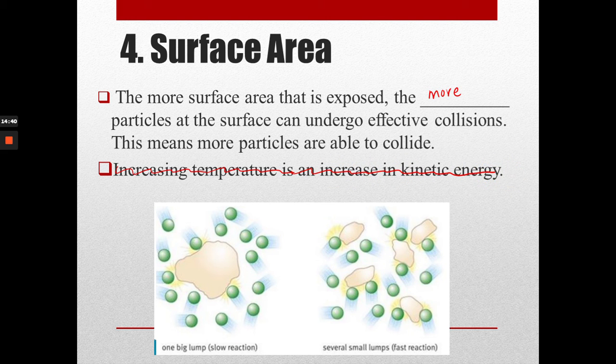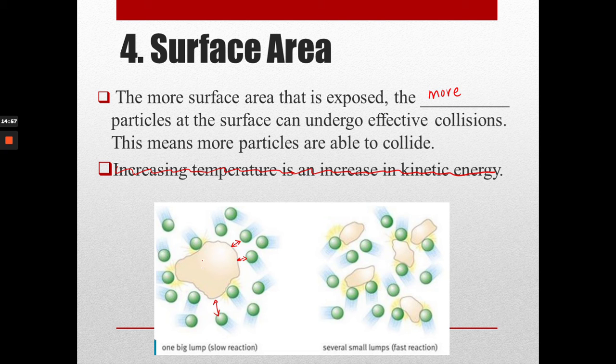But here we've got some surface area differences. If I have a big solid chunk of something, the only place that the reaction can occur is where the two different things can come in contact with each other.